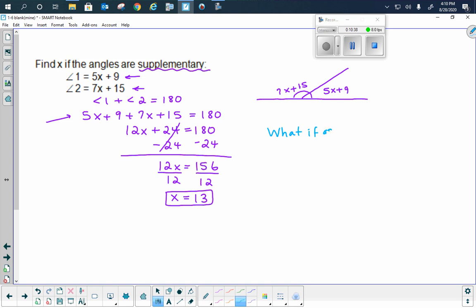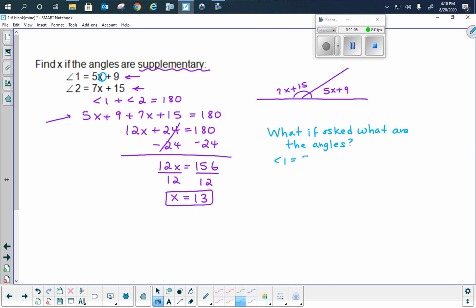This is a completely different question if somebody asks this, because you'll be doing this soon. So what if you were asked, what are the angles? Sometimes you really need to read the question carefully. Well, then you would pick up what was given to you at the beginning, that angle 1 equals 5x plus 9, and you're just going to take the 13 and plug it in there.